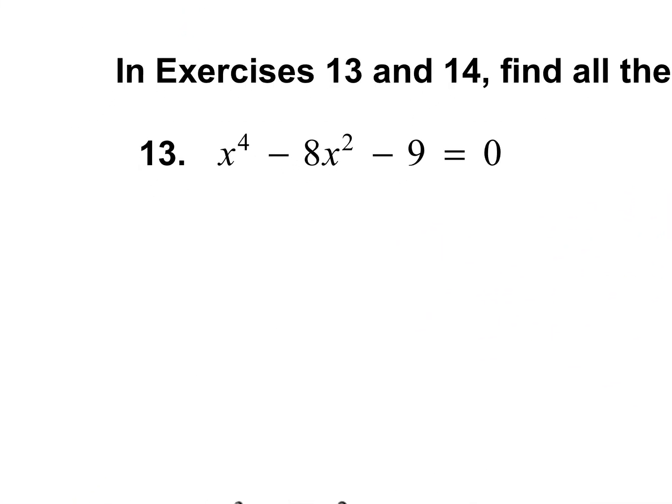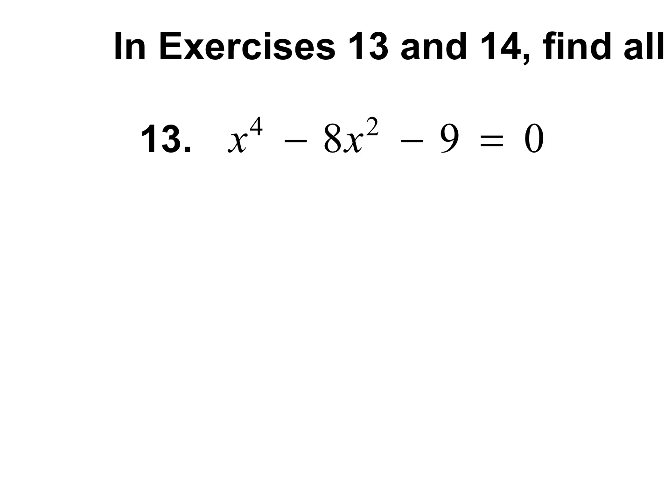13, you could use synthetic division, or how else could we solve this one here? We could just factor. This one factors, so what are 2 factors of -9 that add to -8? -9 and 1. So what would go into our parentheses?